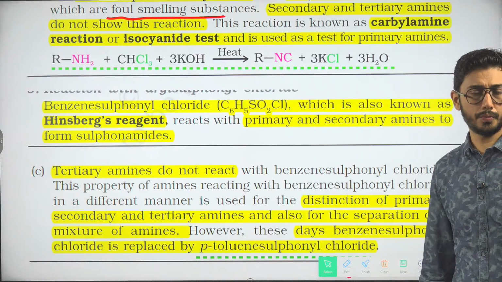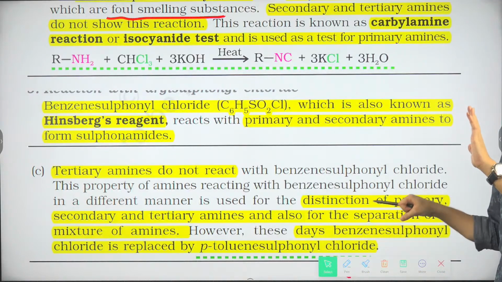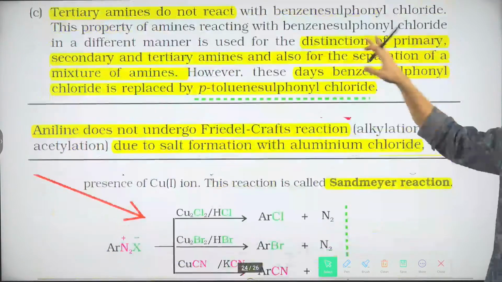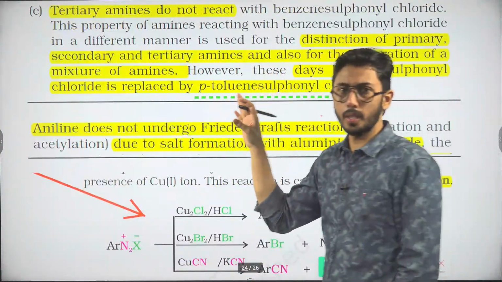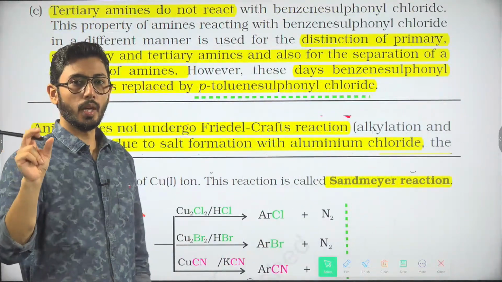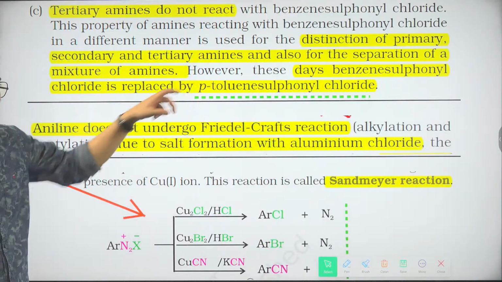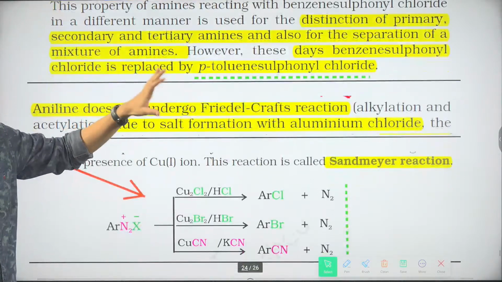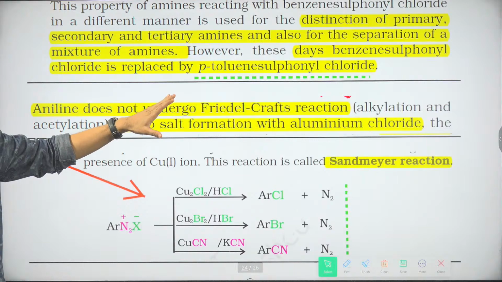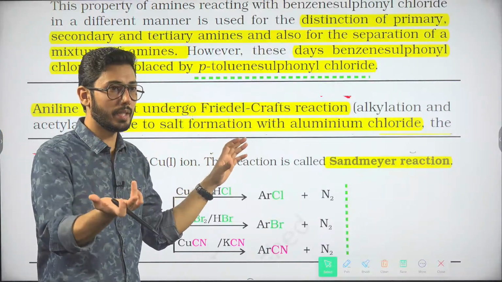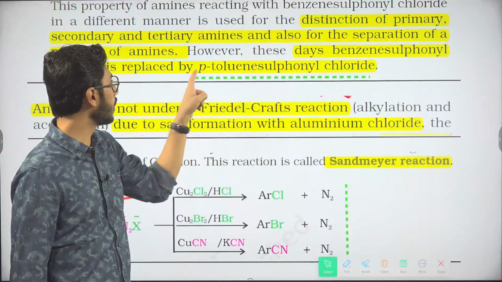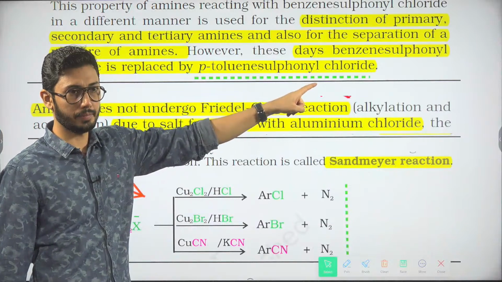The reaction is up to you. If you are prepared well, you definitely remember the reaction. If you have not prepared well for this concept, you can remember at minimum the formula used as a distinguishing test. And nowadays, what is used in place of Hinsberg reagent, or the new Hinsberg reagent, we can say, is para-toluene sulfonyl chloride.